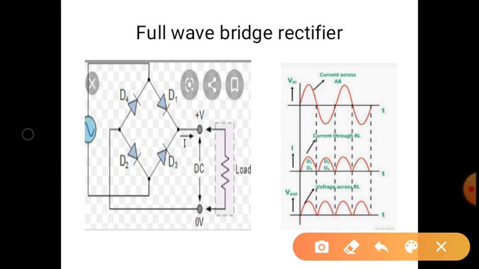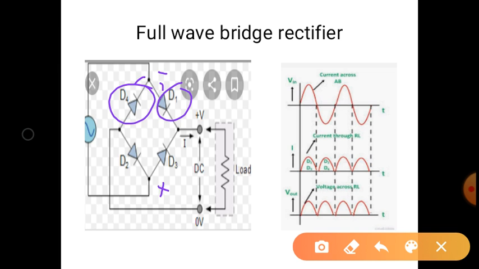Now under the negative half cycle, this terminal will become negative and this terminal will become positive. So the cathode of D4 is connected to the negative, and D4 is in forward bias condition and D1 is in reverse bias condition.